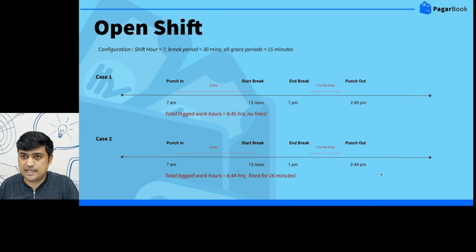So till the next day 4 p.m., which is 12 plus 4, 16 hours, we would allow the punch out for the previous day. This is a very corner case where somebody is marking their attendance of a 16 hour shift, but has started the day at 11:59, right before midnight. So even for that, we would allow that person to clock in 16 hours. So till next day 4 p.m., the employee is allowed to punch out.